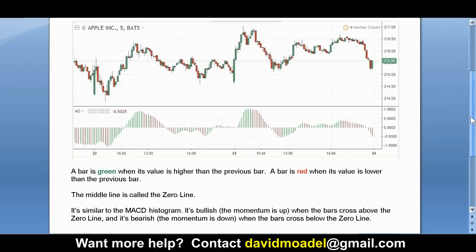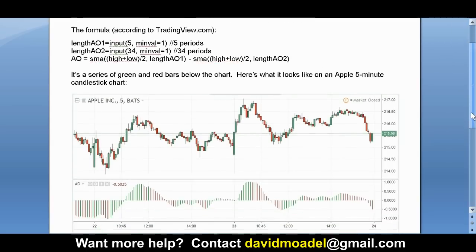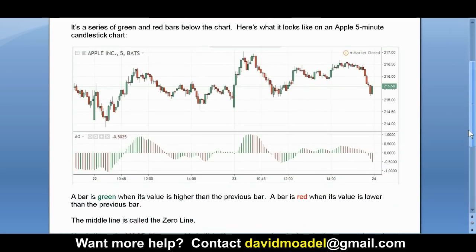All right, so a bar, I'm not talking about the candlesticks, I'm talking about these bars here. A bar is green when its value is higher than the previous bar. So if the value of the current bar, according to this formula, is higher than the value of the previous bar, then it's going to be green.